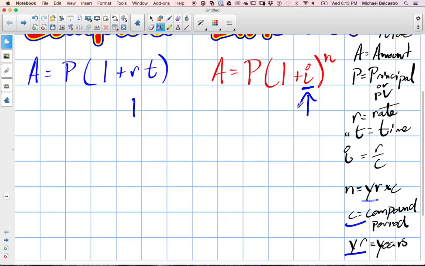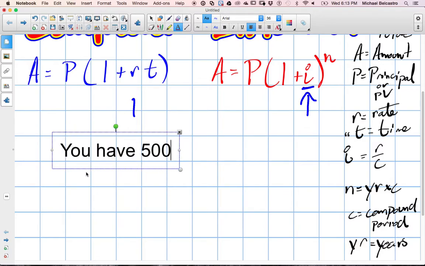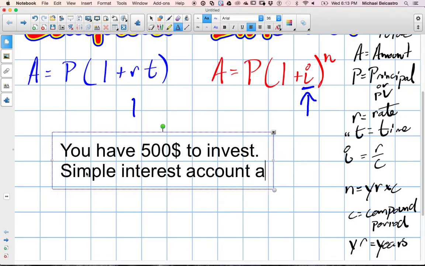Let's build a little question. Let's say you have $500 to invest. You can put it in a simple interest account at, I don't know, 5%.